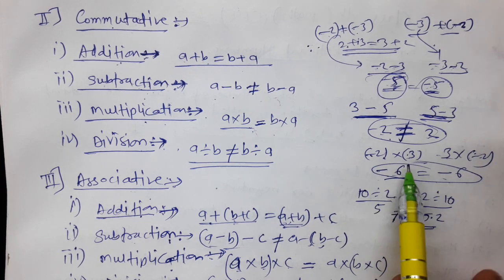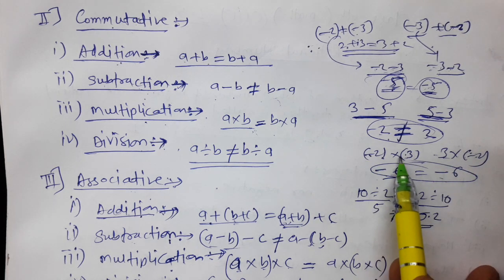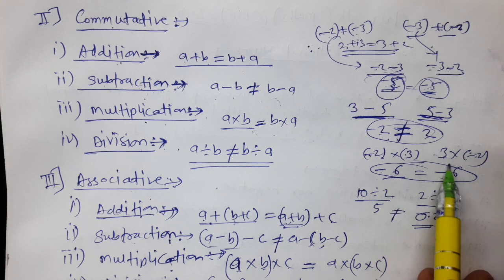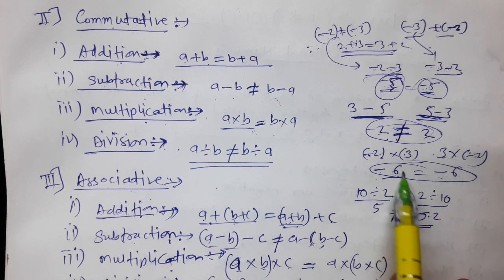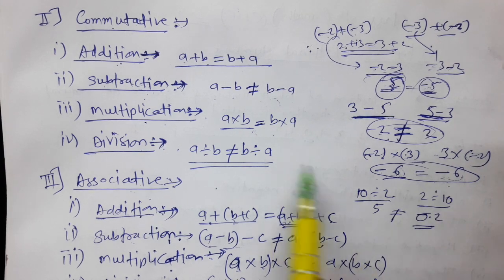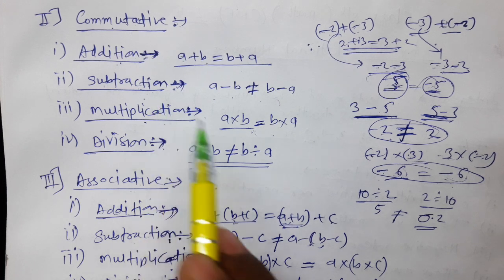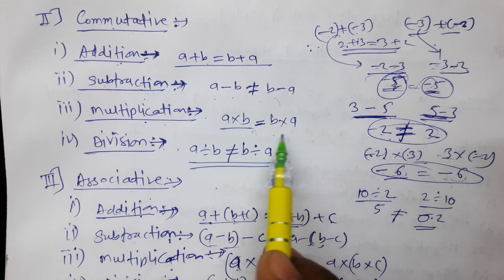If we multiply -2 into 3 and 3 into -2, minus into plus is minus, 3 into 2 is 6, so -6. In both cases the result is the same, -6. Hence we can say that multiplication of integers is commutative, and we can write it as a into b is equal to b into a.